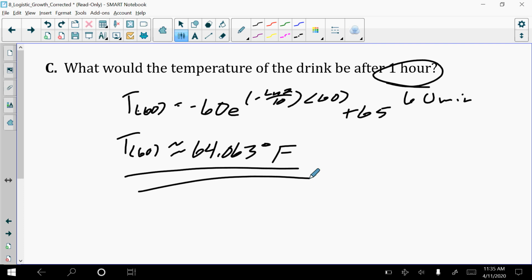You're definitely going to have to remember some logarithm properties to convert exponents to logarithms or vice versa, depending on what you're solving for. But once you have solved your differential equation, your calculus is done. The rest is simply algebra, but the algebra can get a little complicated at times.